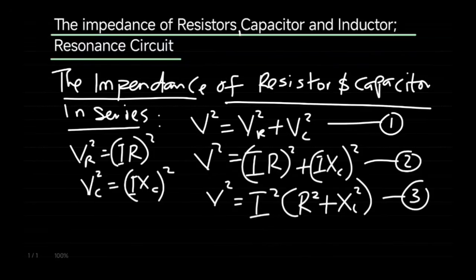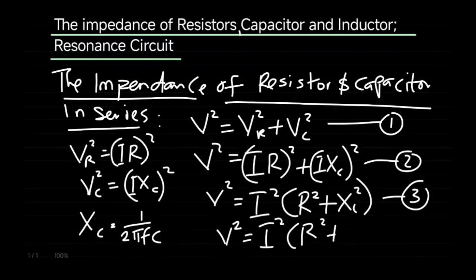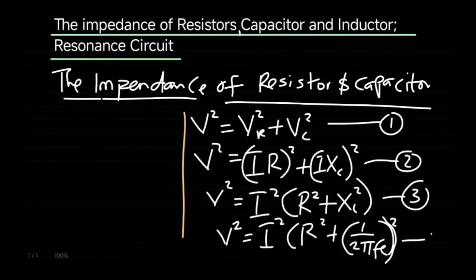Recall that XC is equal to 1 all over 2 pi FC. So we are going to be substituting this into this equation. I'll have V square is equal to I square, bracket open, R square plus, bracket open, 1 all over 2 pi FC all square. Let's call this equation 4.